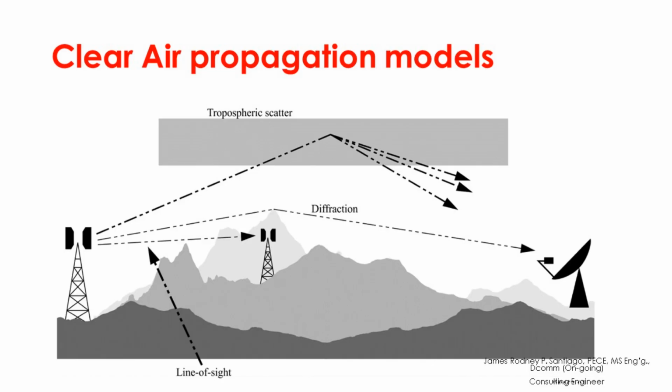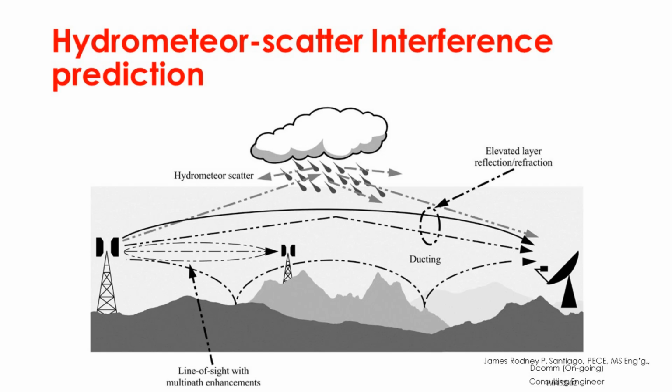And then aside from the clean air propagation model, there's the hydrometeor scatter interference prediction, which takes into account the theoretical basis of transmission loss due to hydrometeor scatter, which means the density of the air and the occurrence and persistence of the rain in terms of millimeter size, the model input parameters, and then the various steps in applying the hydrometeor scatter algorithm, all of which are included in the ITU publication. So just download the standard.